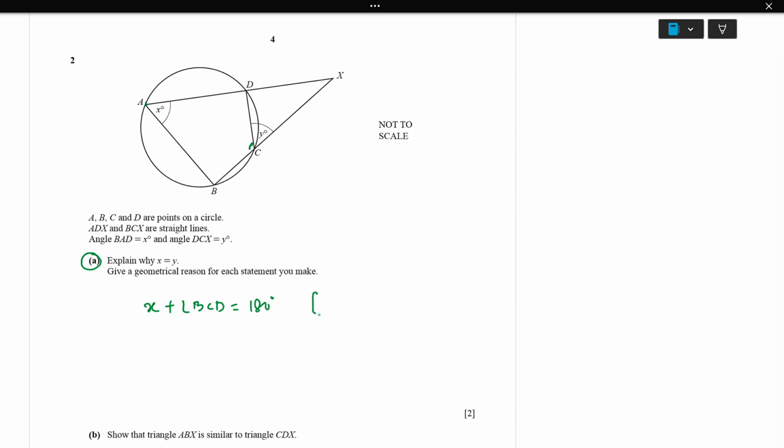The reason is the sum of the opposite angles of a cyclic quadrilateral is 180 degrees.